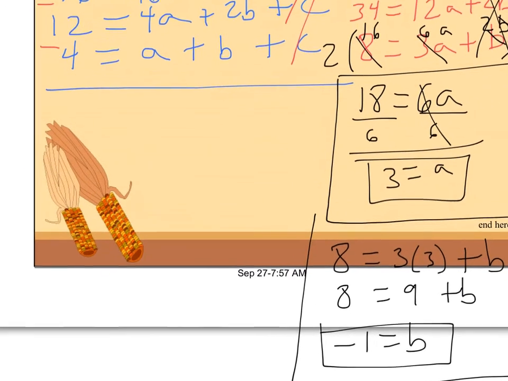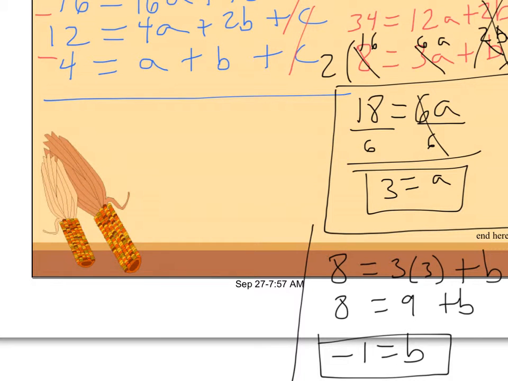So I've got a, I've got b. Now I'm going to go back up to this bottom equation here in blue, and I can say that 4 equals 3 minus 1 plus c. Okay?